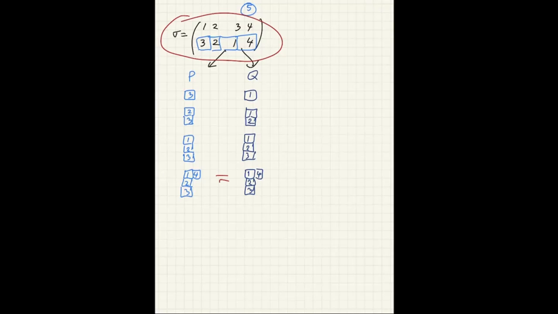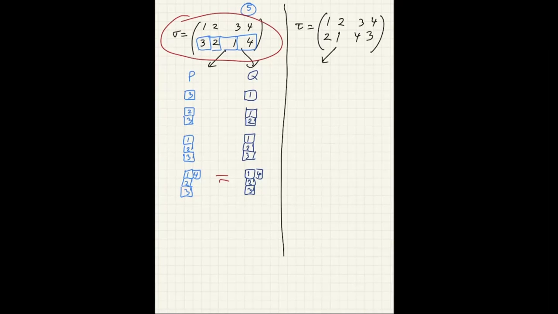Okay. We can do one more example with a different involution. Let's write another permutation tau: 1, 2, 3, 4 goes to 2, 1, 4, 3. This is a product of 2 transpositions. And let's see what happens here with the P and with the Q. So the P starts from the second row.